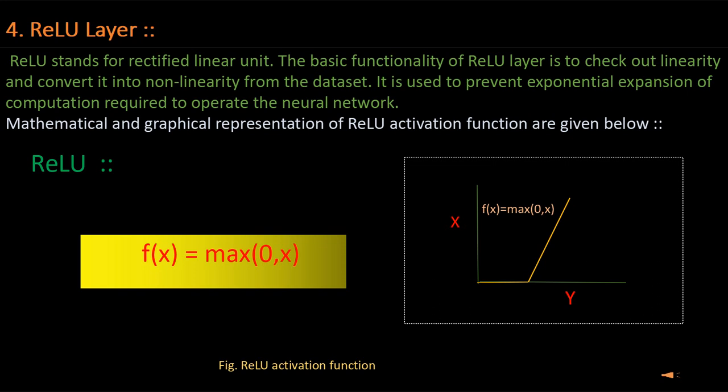Now let's take one example. If x is equal to minus 10, the function is f of x is equal to max of 0 and x. So it will take the maximum value. The function has two values: the first one is 0 and the second one is minus 10. So obviously it will take 0.